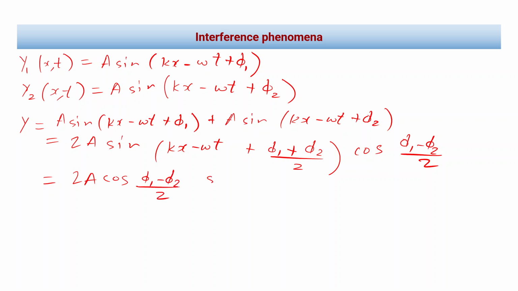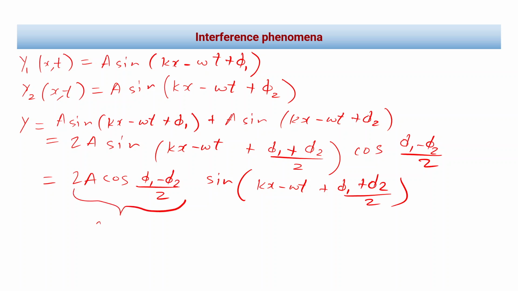This sin(kx minus omega t plus (phi 1 plus phi 2) by 2) is the phase part, and this is the amplitude of the resultant wave.